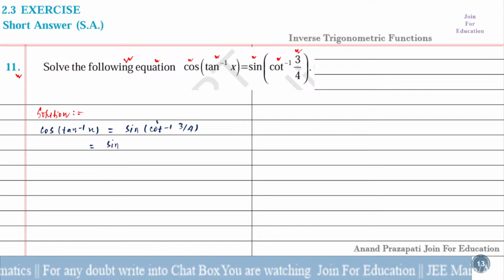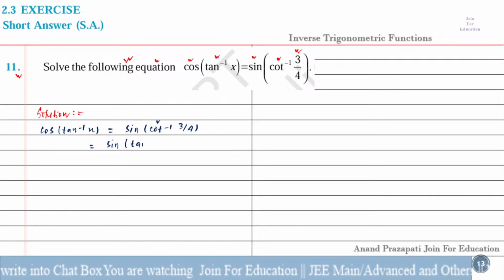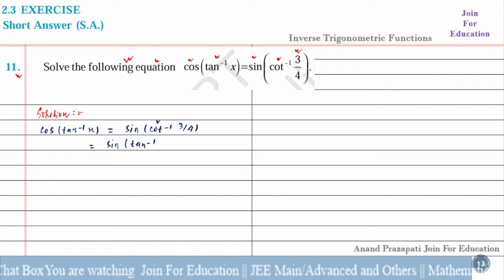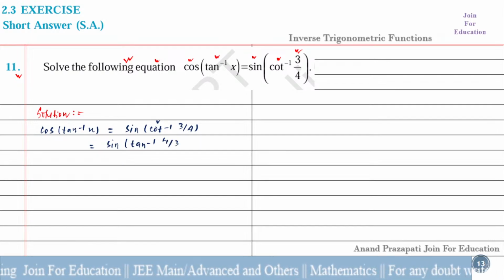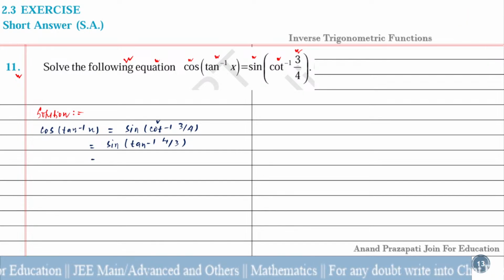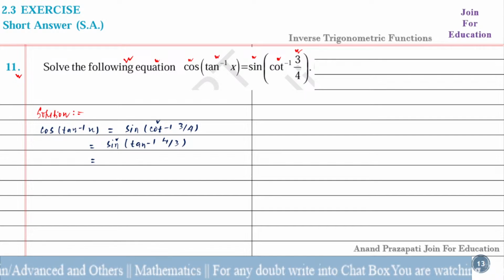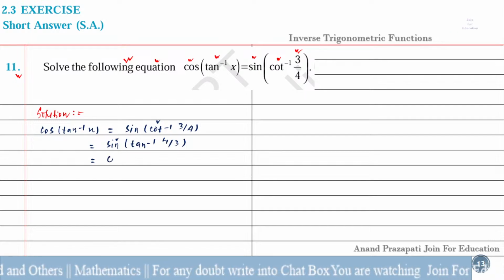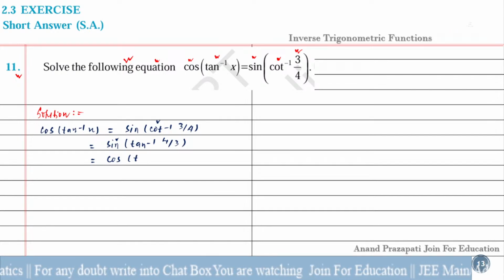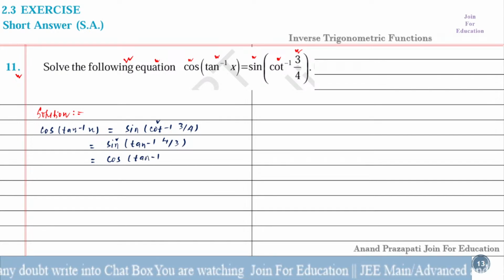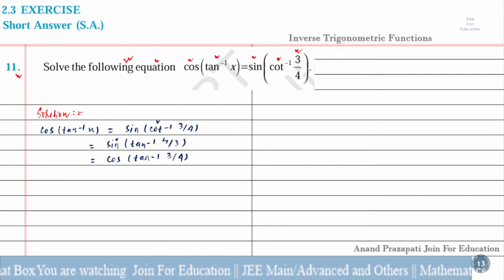So the next step here will be sin. We convert cot into tan, then we get here tan inverse 4 by 3. When we convert this sin into cos, then we get here cos tan inverse 3 by 4.